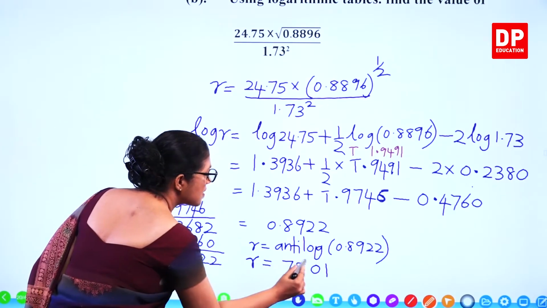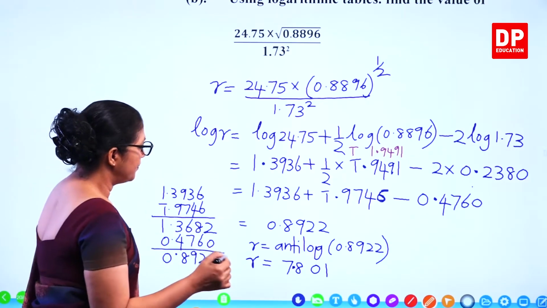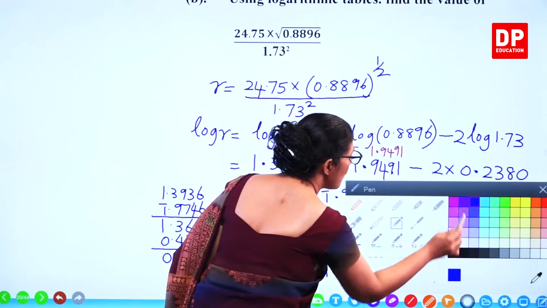So R is 0 point means 7.801. So you get 7 marks for this.